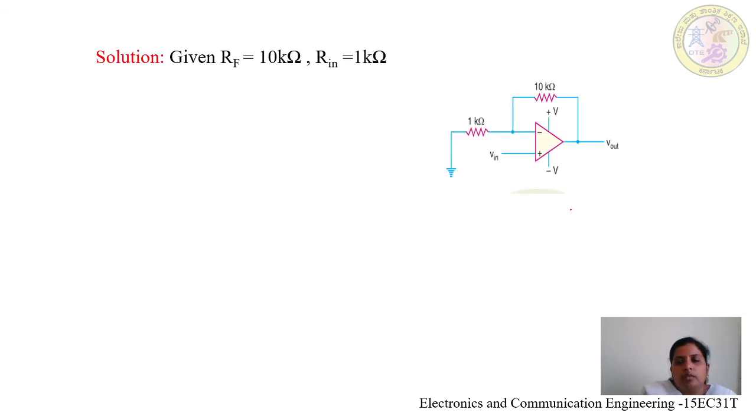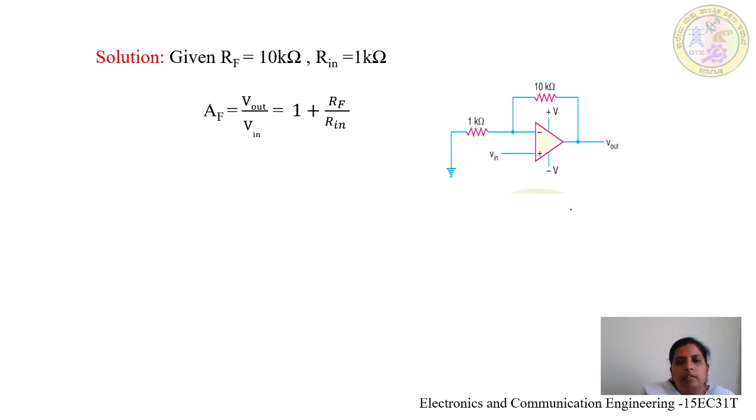Okay, so in the circuit, RF, the feedback resistor, is 10 kilo ohm, and Rin, the input resistor, is 1 kilo ohm. The voltage gain is given by 1 plus RF divided by Rin.